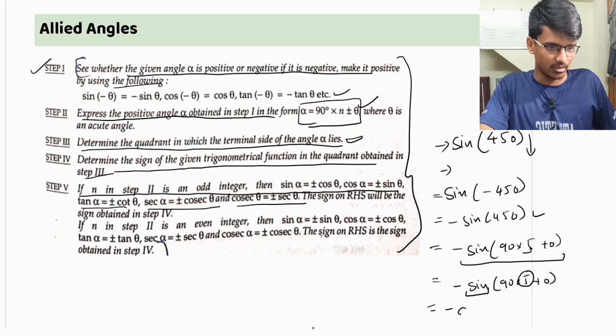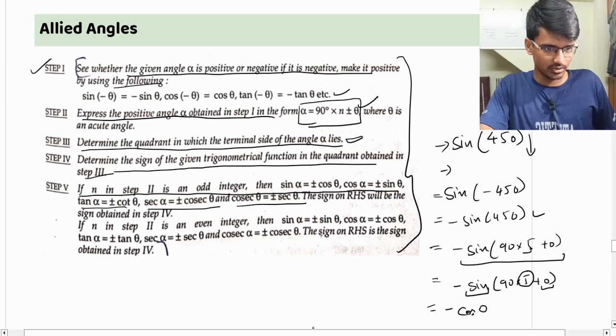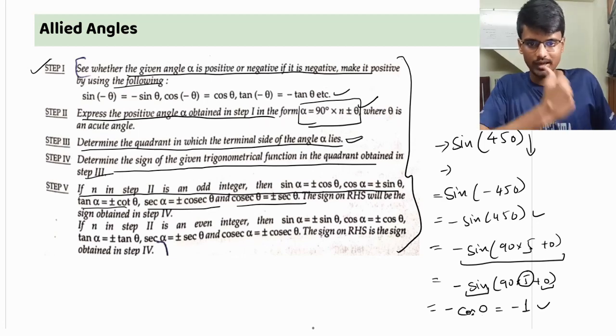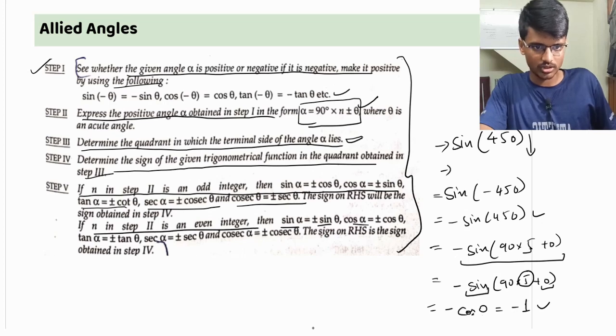Sine will become cos, cos of theta, and theta is 0, cos of 0. What is cos of 0? Cos 0 is 1. So this is minus 1. This is how you solve. I would suggest you take a note of this or take a screenshot, please. And if n is even, there is no change. Sine will remain sine, cos will remain cos. All the trigonometric ratios remain the same.